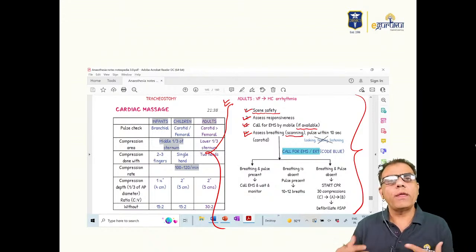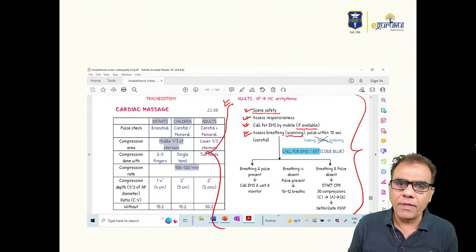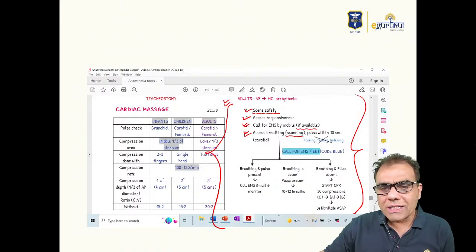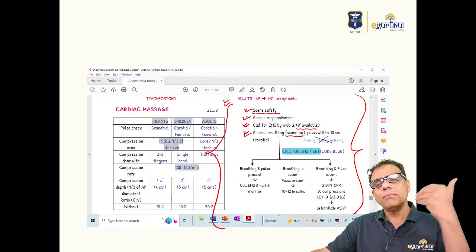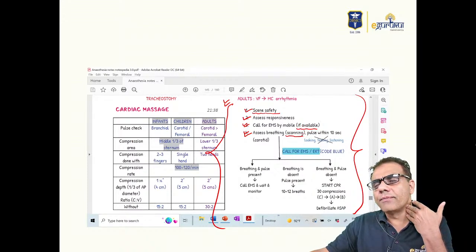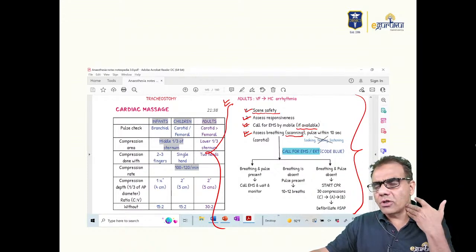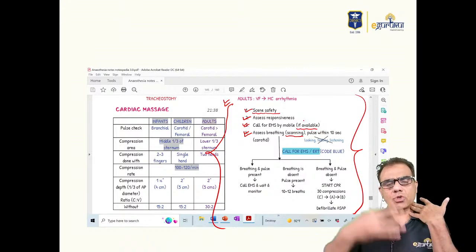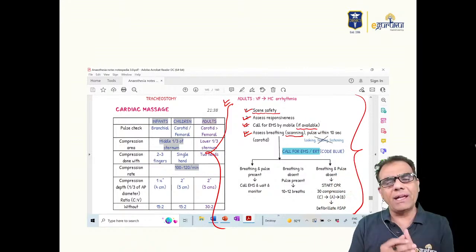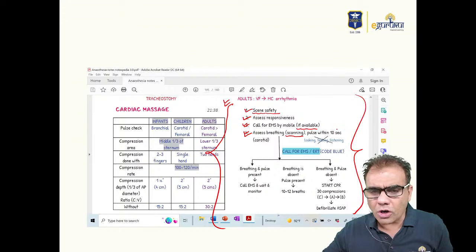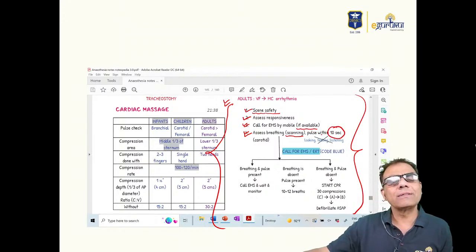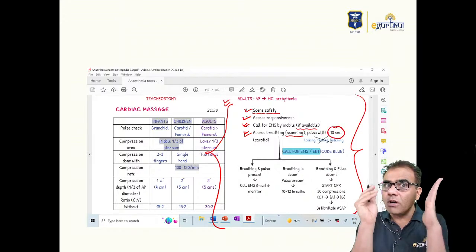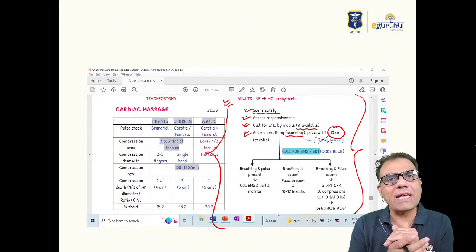Simultaneously check the pulse by putting your hands on the carotid, and your eye should be on the chest. Both should be assessed simultaneously, and this should not take more than 10 seconds. If in 10 seconds you are not able to assess, please consider it as absent.